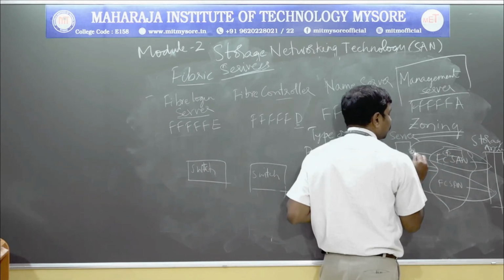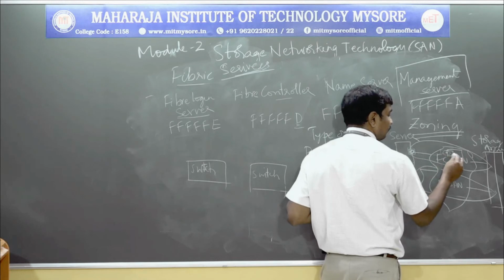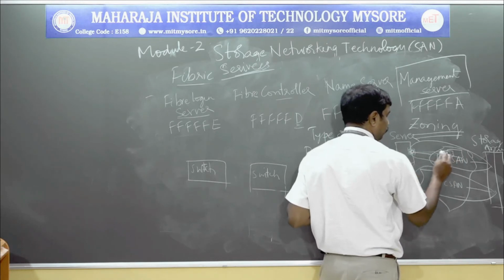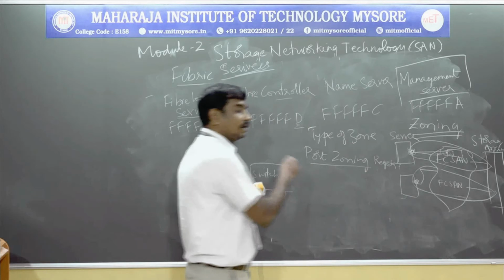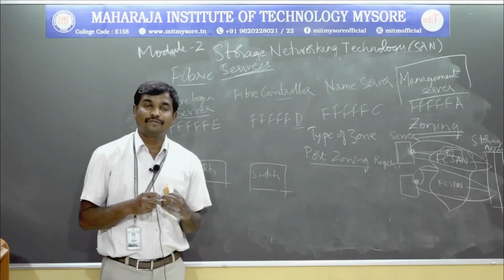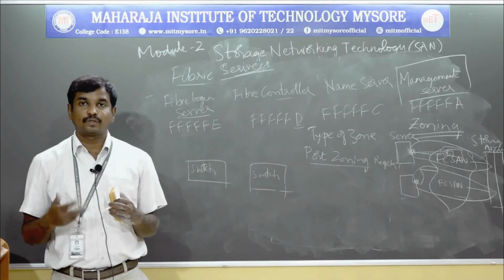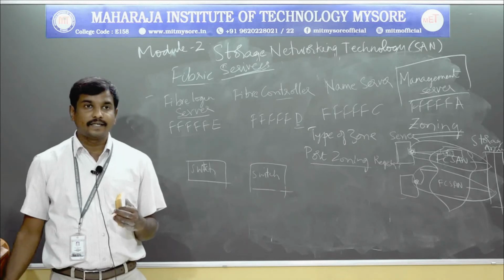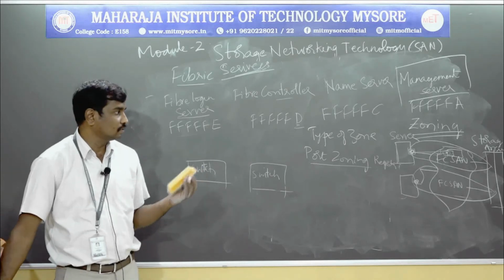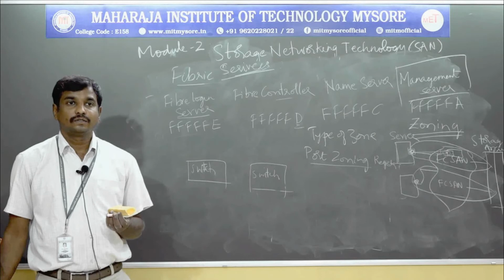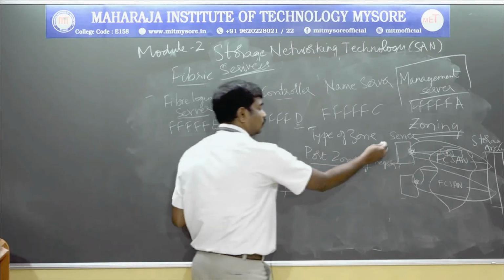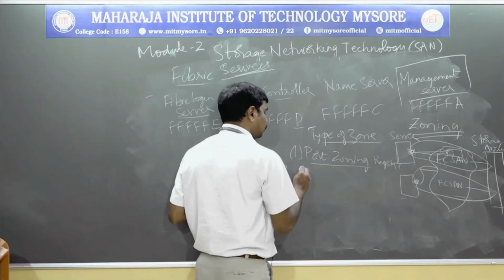If the zoning is done through the port levels, between two port levels, it is called port zones. That means the physical address, the switch ports connecting one device to another device, is called a port zone. This is one type of zone.